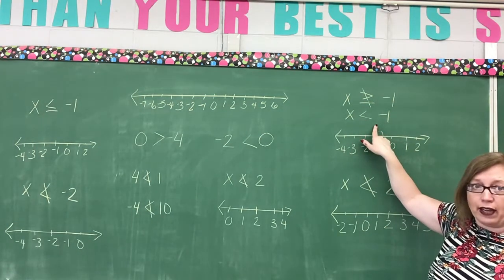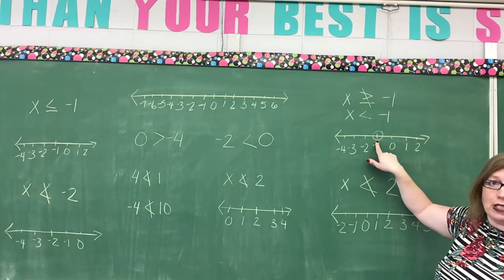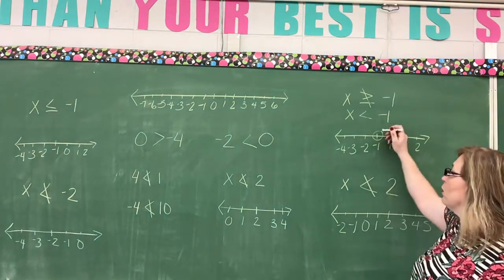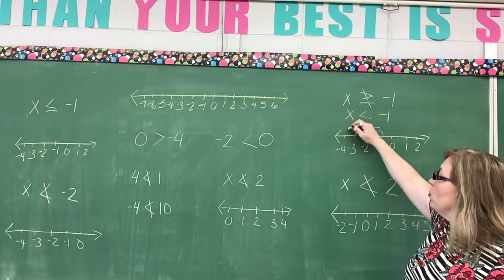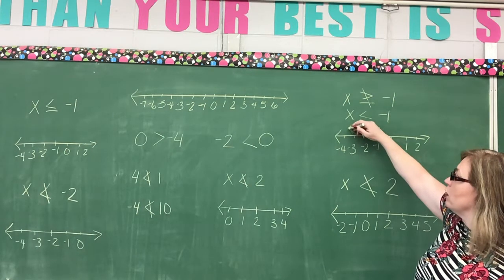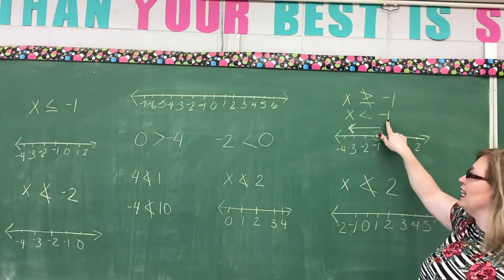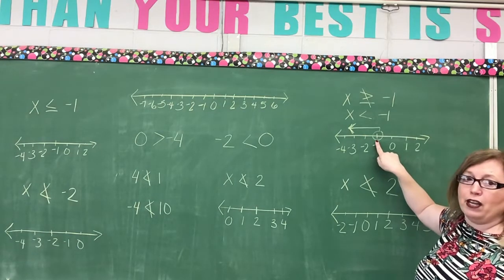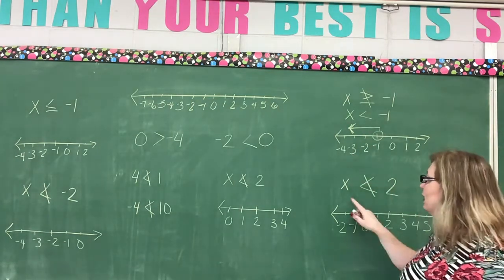Is it equal to -1? No. Since it's not equal, I'm going to leave this open just like that. Now, I'm going to draw my arrow to the less than. Here's a good hint. When you make this statement true, your arrow goes the same direction. So, I just said x is less than -1, so I circled the -1 and I drew my arrow to the negative side.